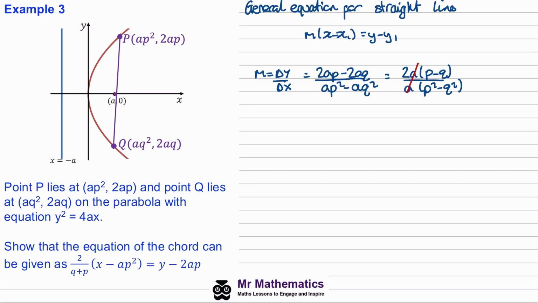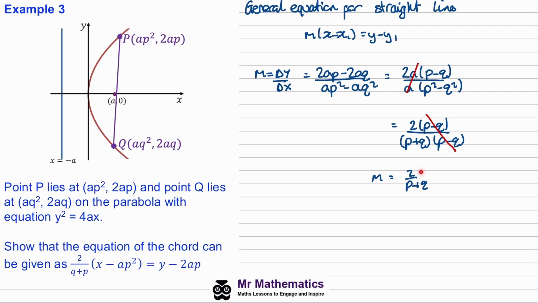And then we can factorize the p squared minus q squared using the difference of two squares. So we'll get 2 lots of p minus q over p plus q times p minus q. Then you can see that these two will cancel. So now we get 2 over p plus q as our gradient for m.